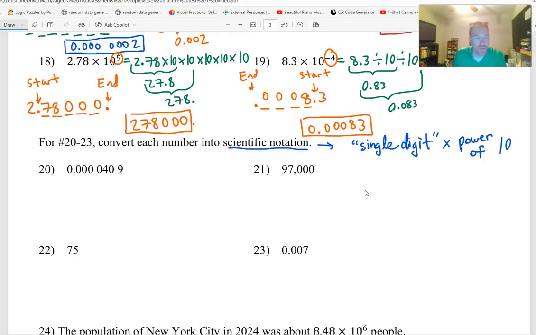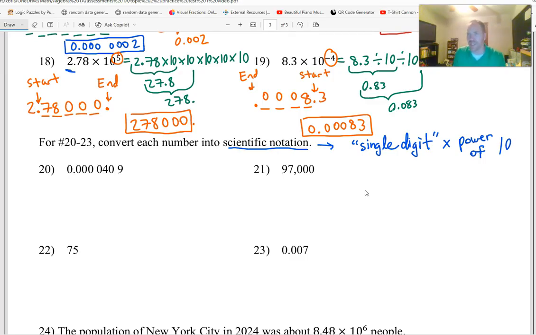So looking at 20 through 23, the thing to remember about scientific notation is that it is written as a quote-unquote single digit multiplied by a power of 10. You can look back to the previous section, 16 through 19. Those all started in scientific notation. So I can see on the screen here right now, 18, 2.78, you might say isn't a single digit, but it's a single digit followed by the decimal point. Number 19, 8.3.